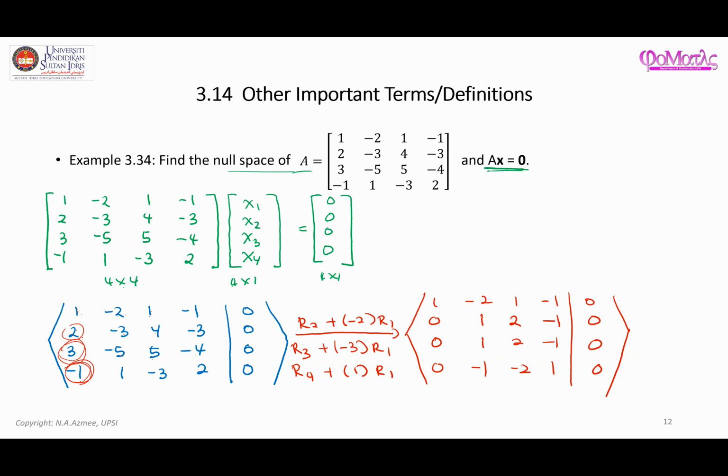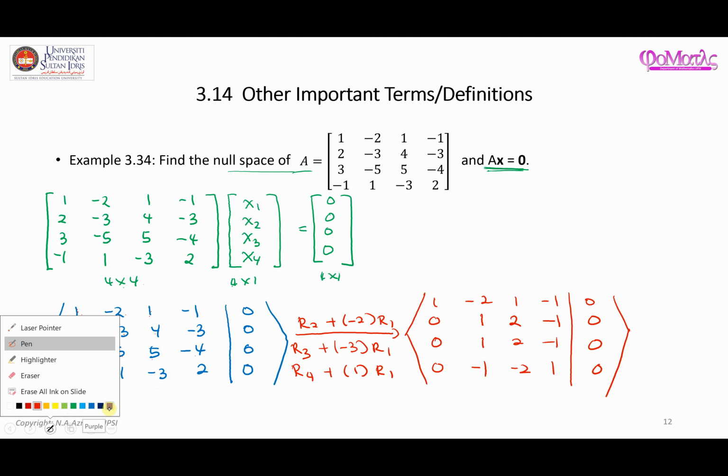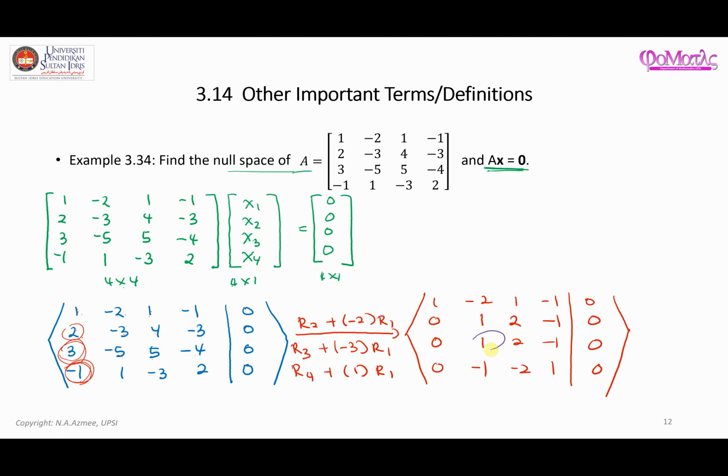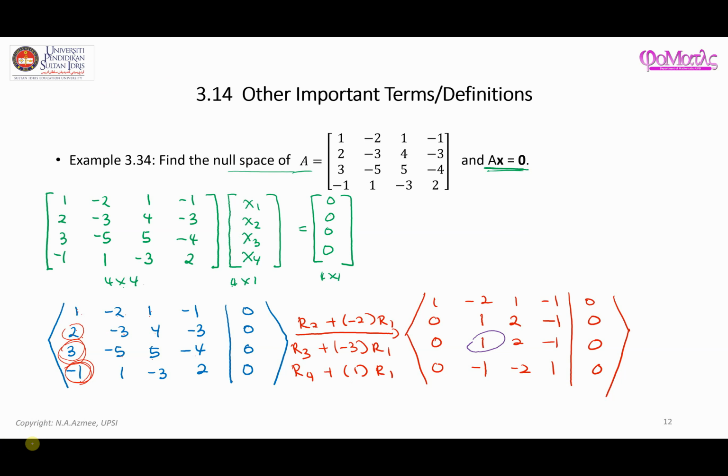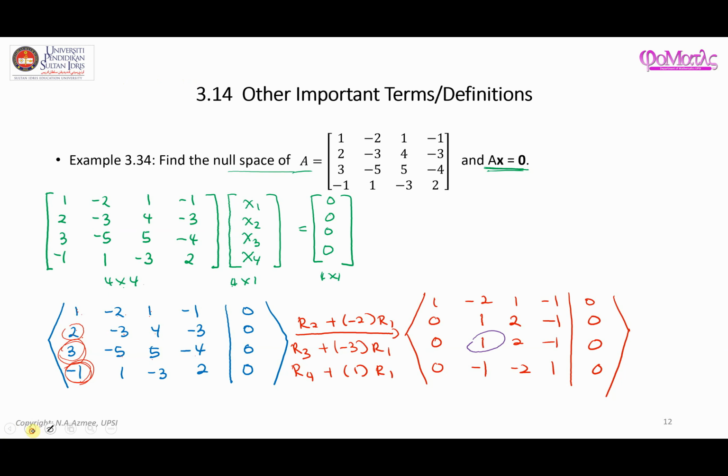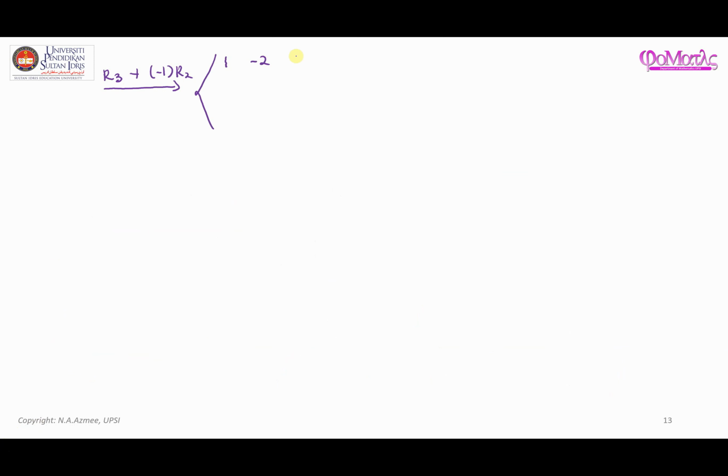Well, next what I can do is I would like to consider turning this value into 0. So what I have to do is consider R3 plus -1 R2. So we have 1, -2, 1, -1, 0.